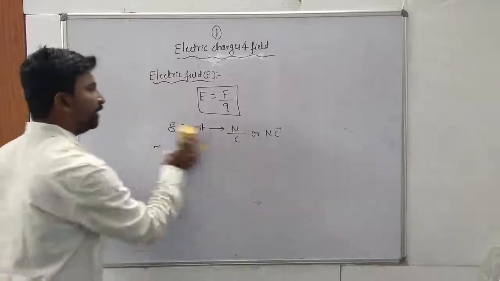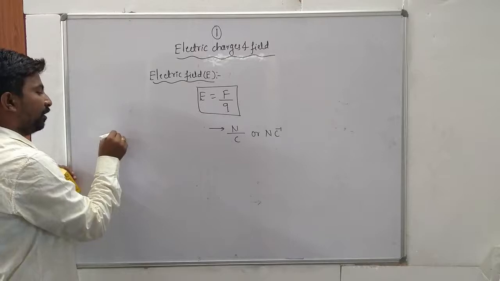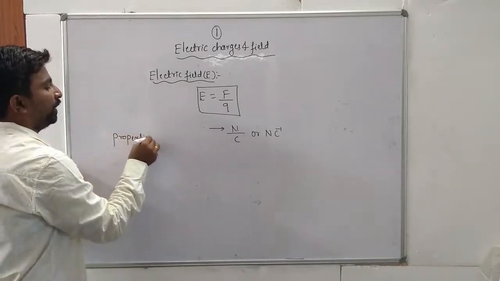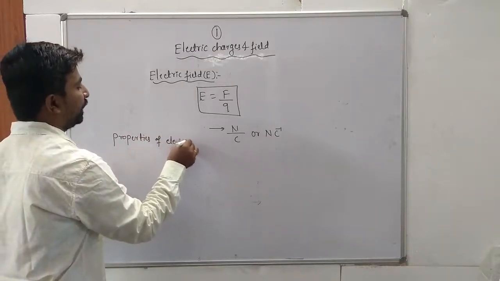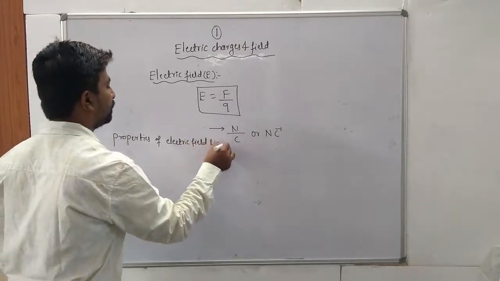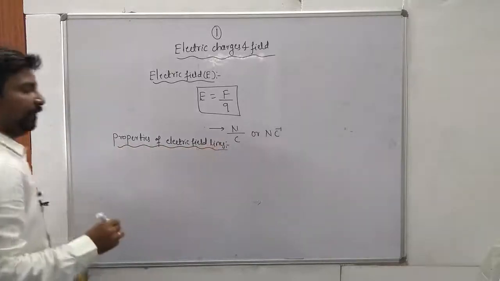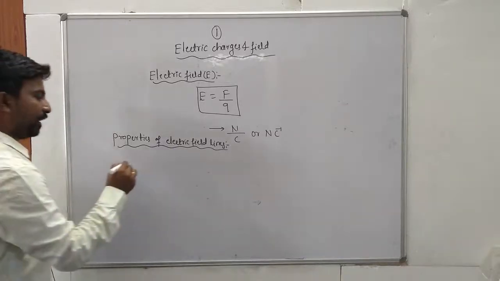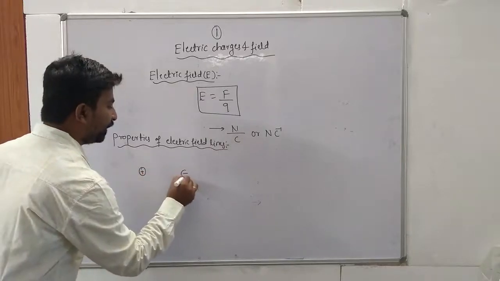Next very important concept is properties of electric field lines. So one by one. First property, electric field lines always start from a positive charge and end on a negative charge.